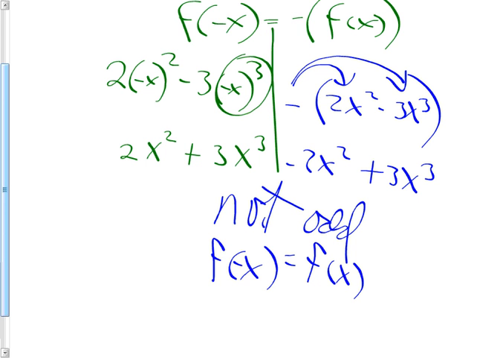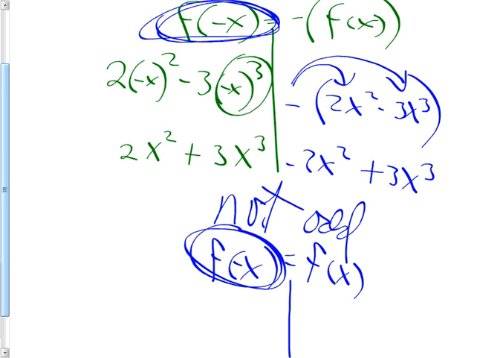And the cool part is we're supposed to figure out f of negative x, and we already did. Do you get when we did this, we already figured out f of negative x. So I don't need to go do it again. I can just copy it right from here. 2x squared plus 3x cubed. And now plain old f of x, the even test is way easier than the odd test.